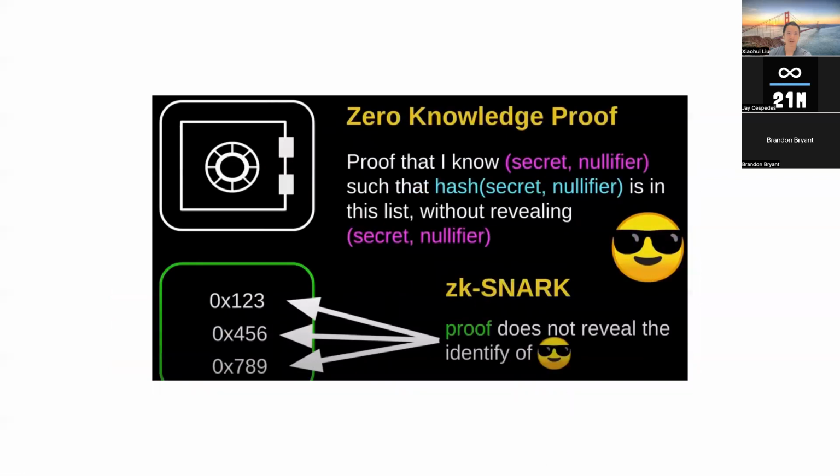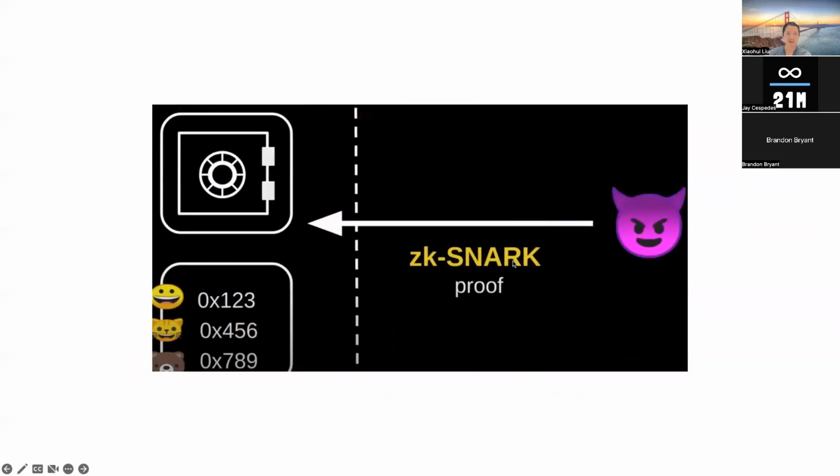Every time you withdraw with the proof, the proof only says I know the pre-image of one of these, but I don't know which one it is. So there's no way for me to cross out here. So that's the first one.